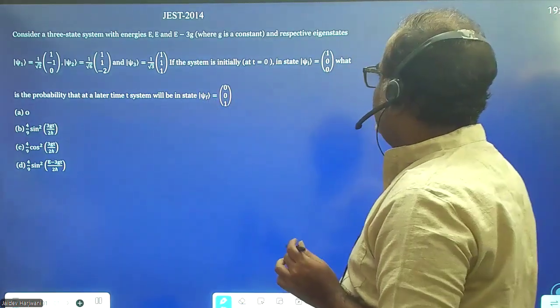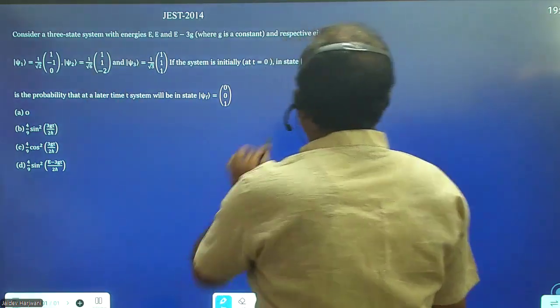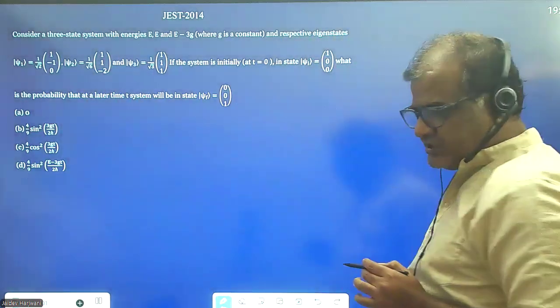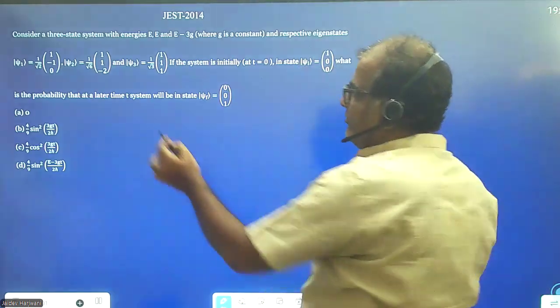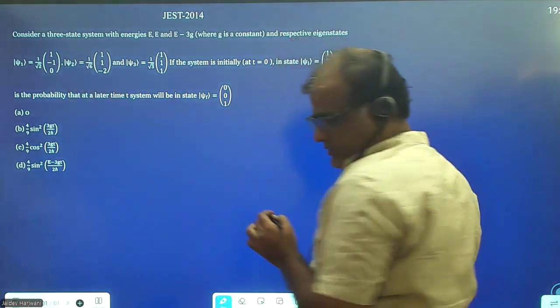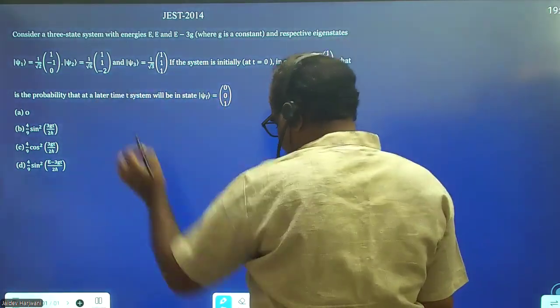Now, first of all, because we have been given the energies and eigenstates, I will write psi 0 at t is equal to 0 in the form of their eigenstates. I will expand psi I in terms of their eigenstates.